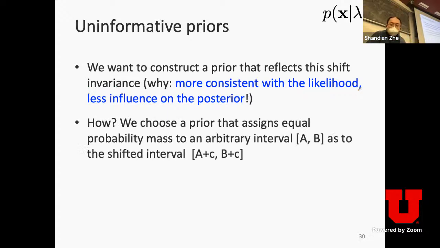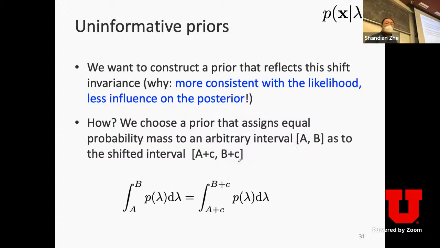And then the problem is, how do we choose a prior that satisfies shift invariance? We can choose a prior that assigns equal probability mass to an arbitrary interval A to B as to the shifted interval A plus C to B plus C. C can be an arbitrary value.